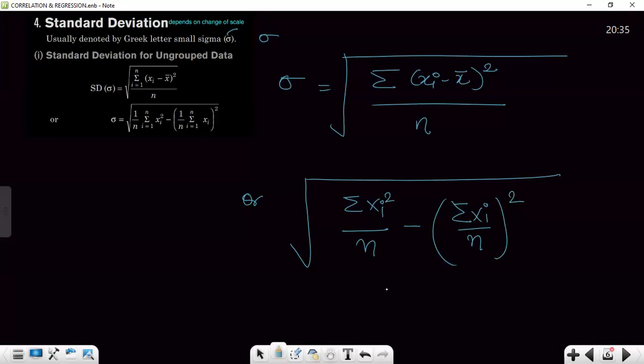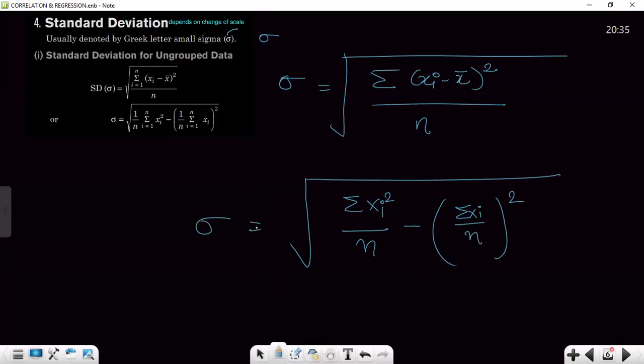You can also replace it and write mean square here, or you may write its formula too. It's very important for you to understand. So these are two forms of the standard deviation formula that are given to us.